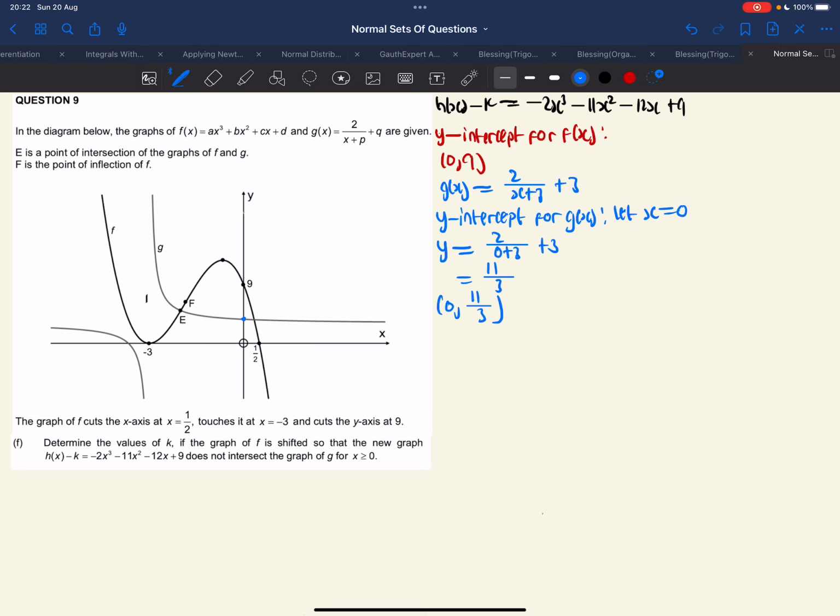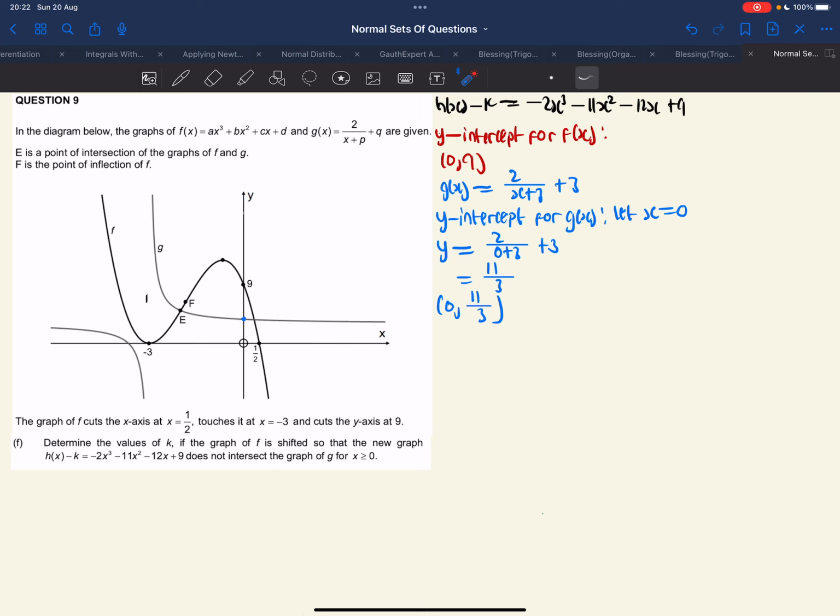Now remember, I said that the only way the new function can not intersect with the graph of g in the interval x greater than or equal to 0 is when it goes something like this, or something that goes maybe like here, and then it changes somewhere around here, and so on.